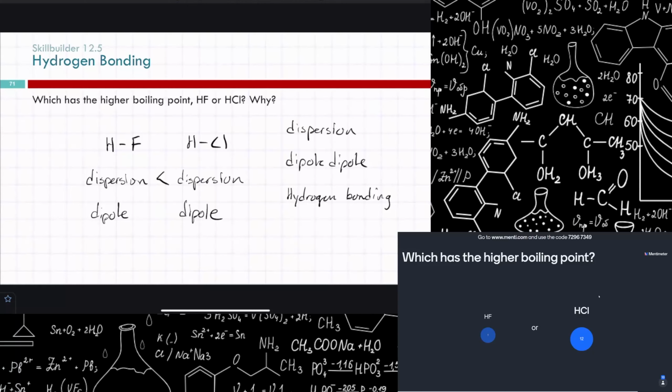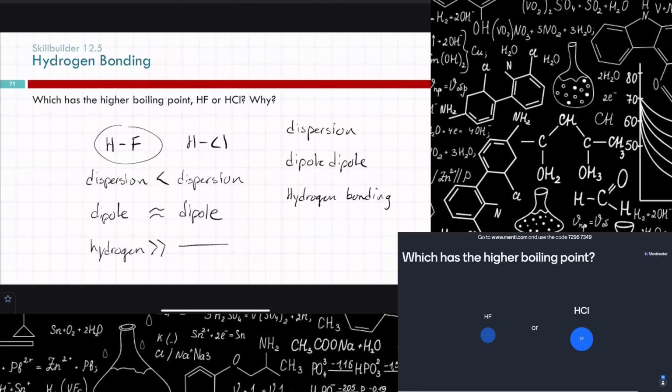I think the dipole forces might favor hydrogen fluoride, although for the sake of this, we're going to say that they're about equal. But hydrogen fluoride has hydrogen bonding as well, and HCl does not. So hydrogen fluoride actually has the higher boiling point.